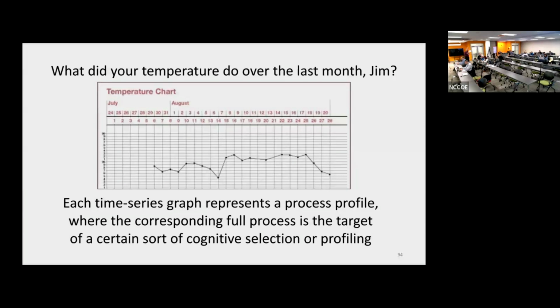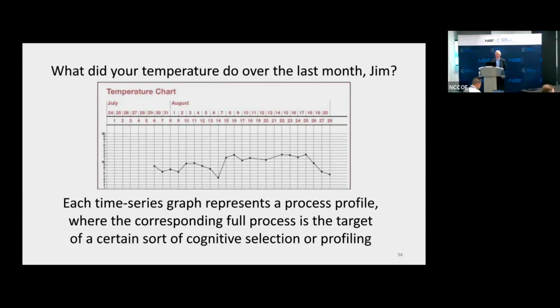So there is a sense in which when we start doing process profile related work, we are dislocating it ourselves from questions of causality, environment, finickiness of the relevant day, the weather. We're only interested in this slice of reality, which is Ringo's temperature or the Dow Jones yesterday, and we're not interested in anything else.